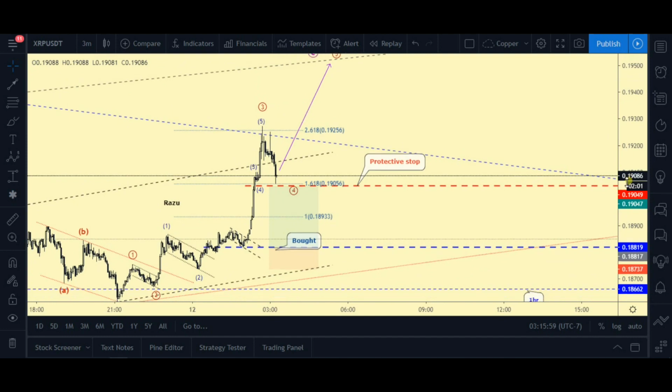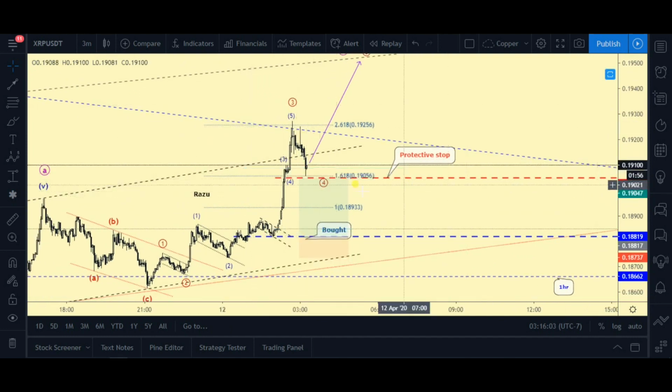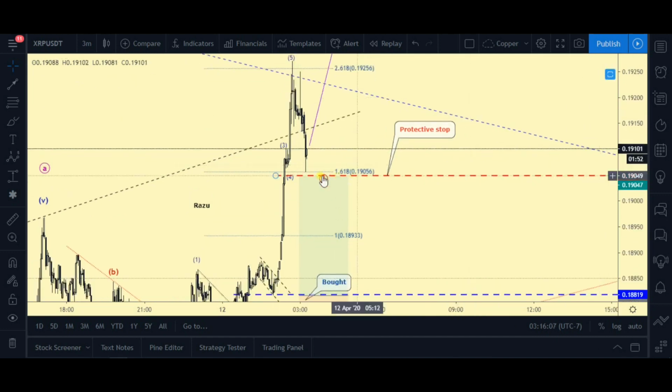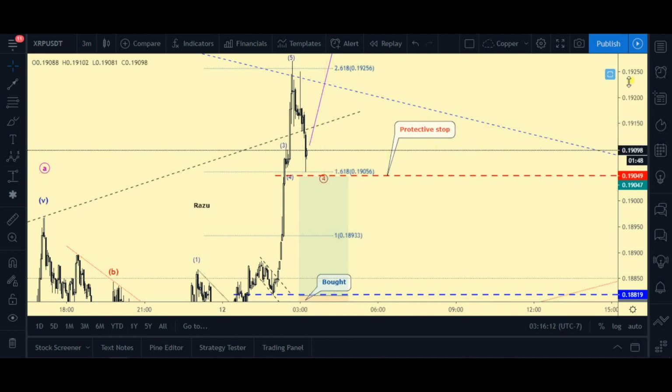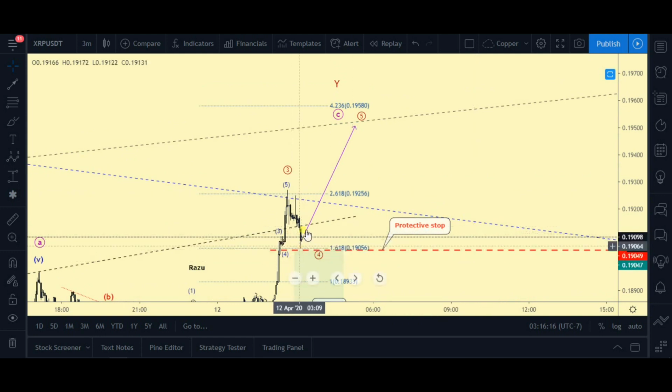Okay, so what we saw was that the price could come around this area. So my protective stop was just below 161.8. So we can see the price come up to here, and now the fifth wave could go from here to this area here.